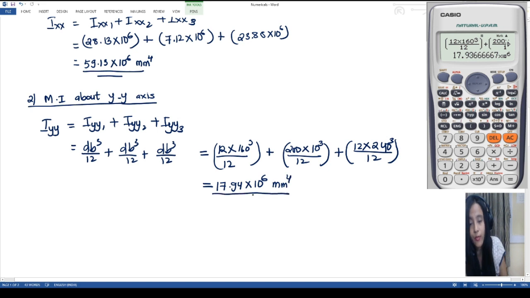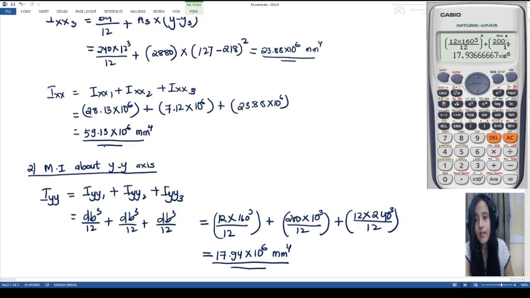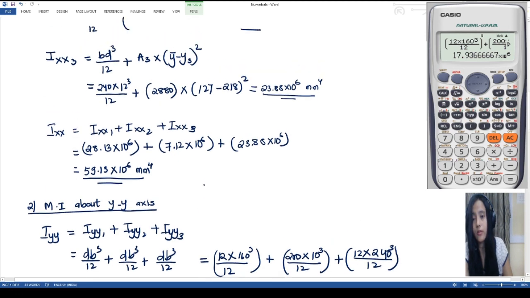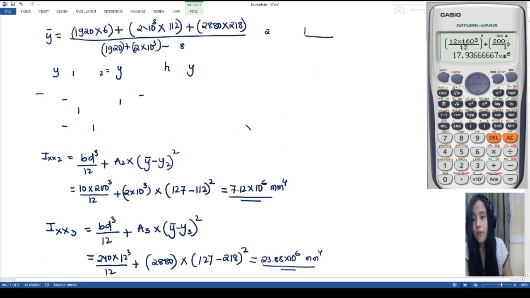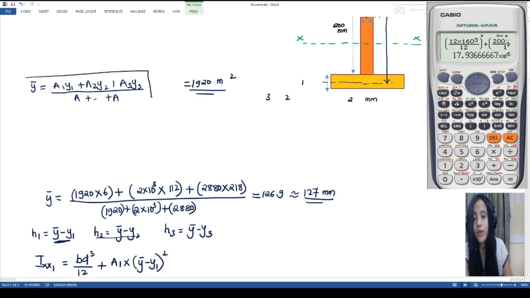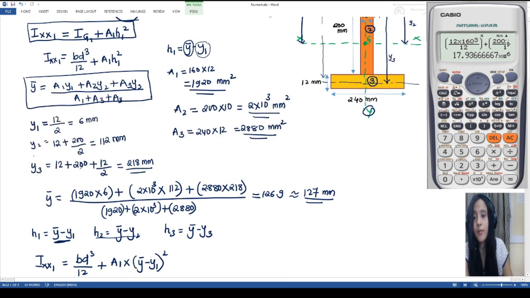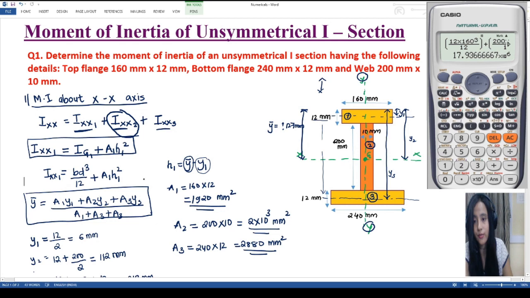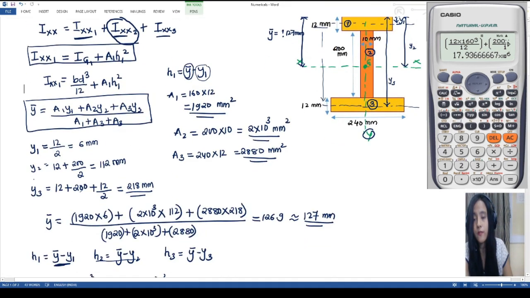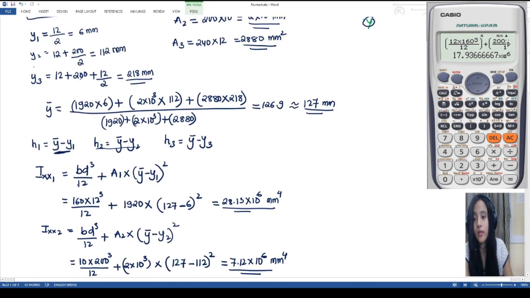So this is my moment of inertia about the Iyy axis, and this here is my moment of inertia about the Ixx axis. You can solve the moment of inertia of a symmetrical I section in this manner as well.